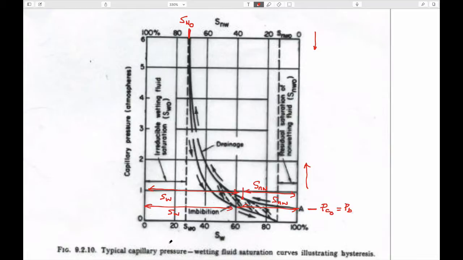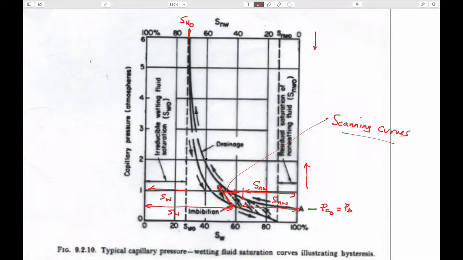So that's all these curves mean. If you stop here and now you increase the pressure again, then you travel across these so-called scanning curves, back to this drainage curve, and then you continue up. So maybe that's not so interesting. It's just important to know that it's there.